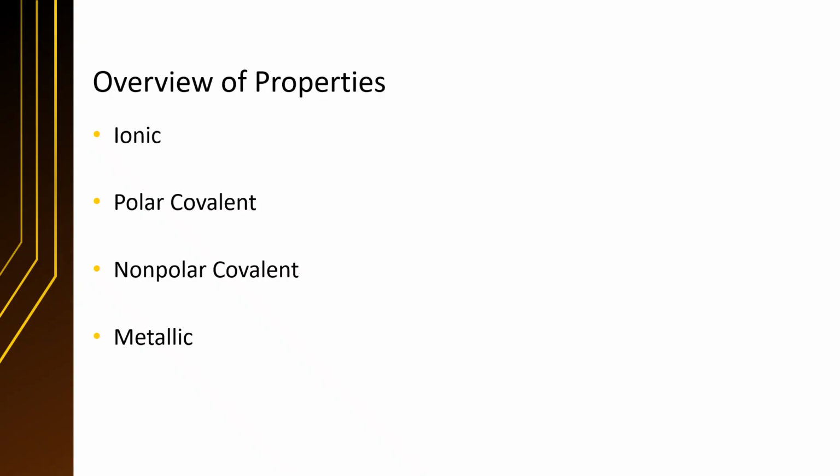Now, at this point, it's important to know just a couple of properties about these types of compounds. So we've got ionic, polar covalent, nonpolar covalent, and metallic. The first thing I want to talk about is solubility in water. So can it dissolve in water? That's what solubility is referring to. Ionic compounds are soluble in water.